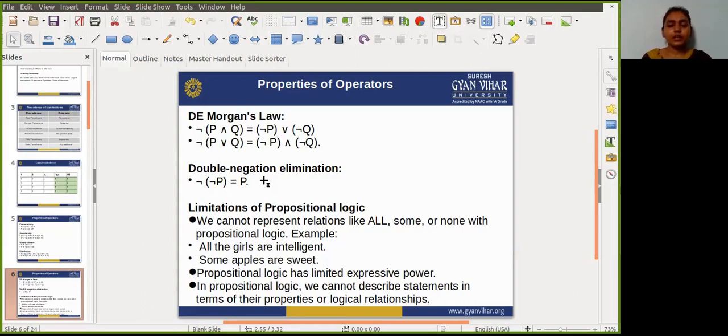Another example is some apples are sweet. Again, for this sentence you cannot write propositional logic.